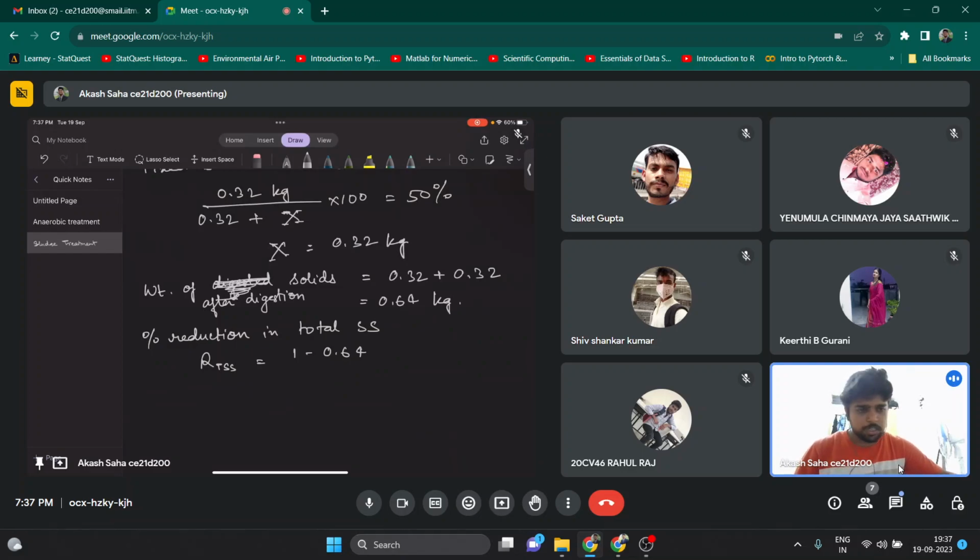It is 0.32 of fixed solids and 0.32 of digested solids. So 0.64. My total solids earlier were 1 kg. So from 1 kg, minus 0.64, divided by 1, into 100, that is 36%.